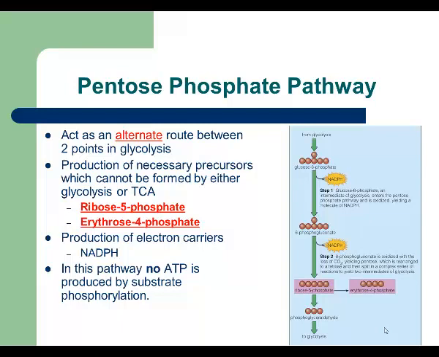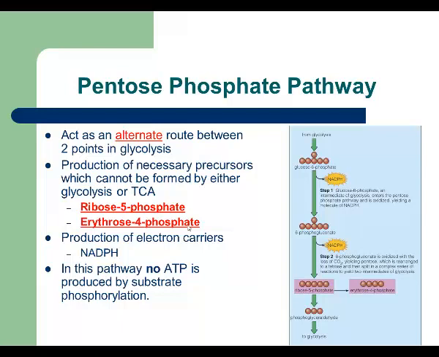So the question is why cells require this additional catabolic pathway. Because glycolysis and Krebs cycle or TCA cycle are not able to form the last two precursor metabolites. Those are ribose 5-phosphate and erythrose 4-phosphate. Please remember the names of those last two precursor metabolites for your coming exam.